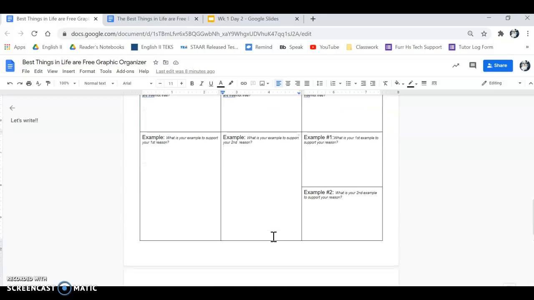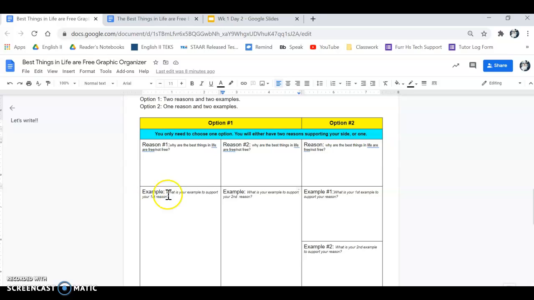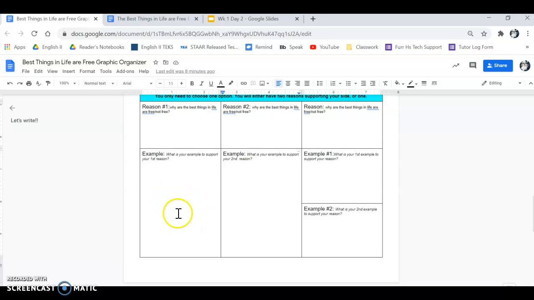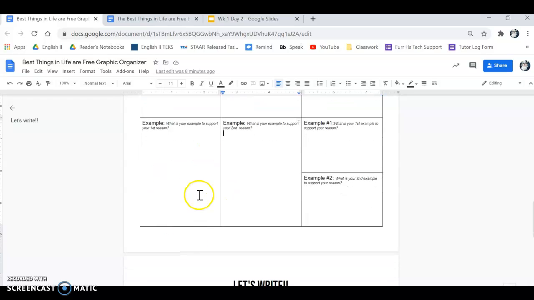Then after you figure it out, say you have the best things in life are free, and you talk about your family. An example to support is how your family is always there for you. Blood is thicker than water, and they come free, they do not cost anything. That would go there.